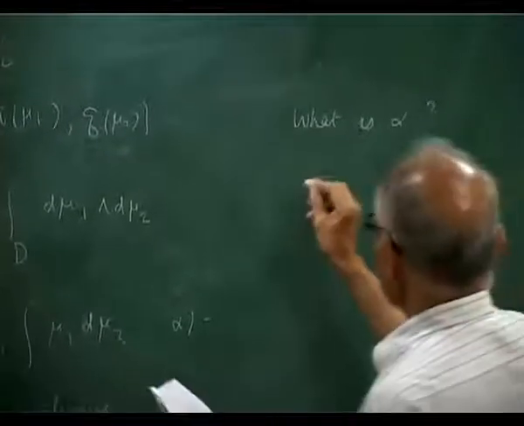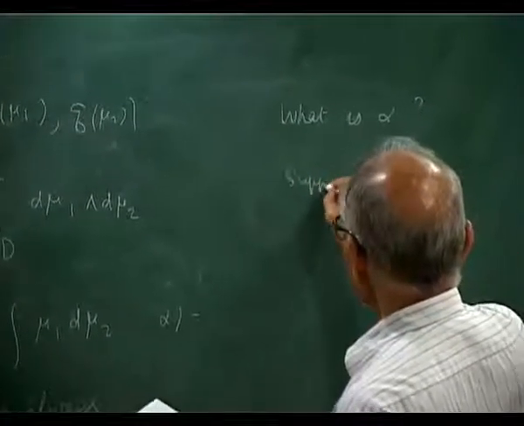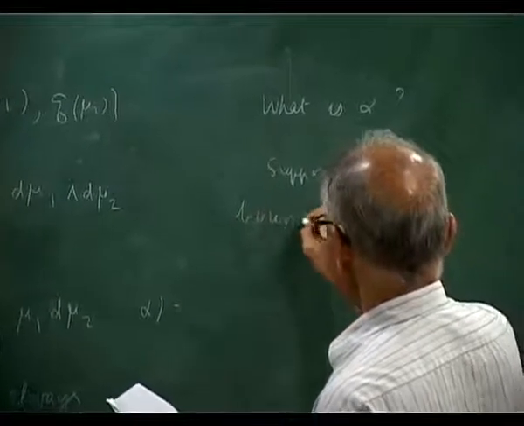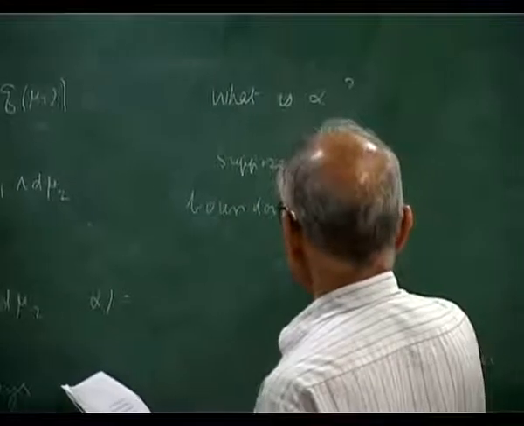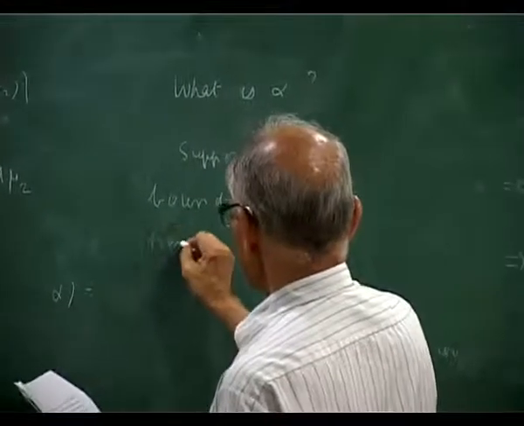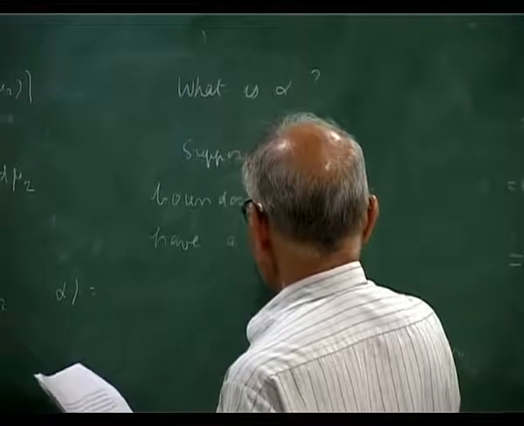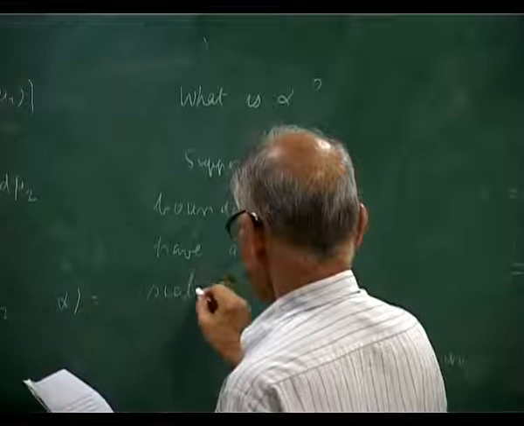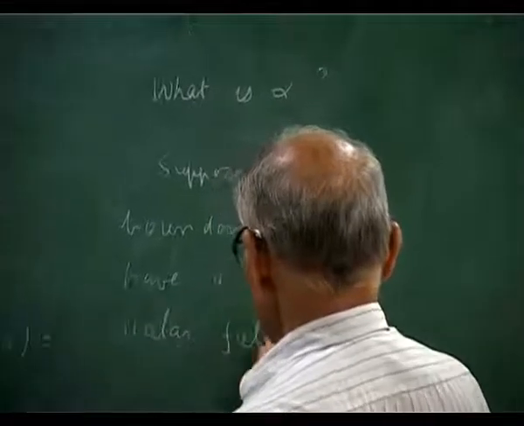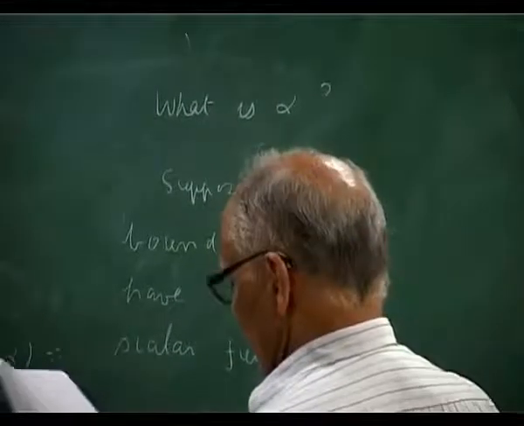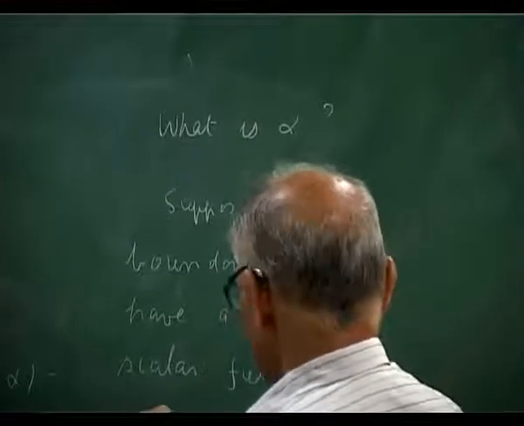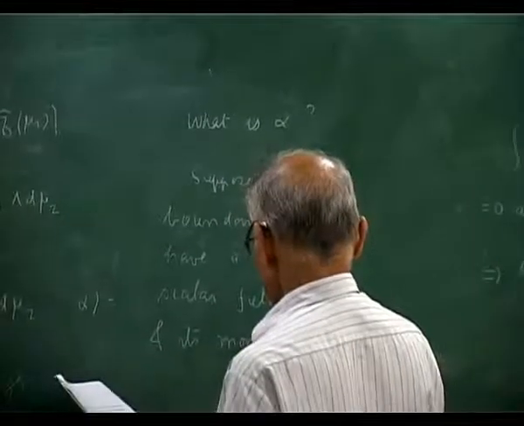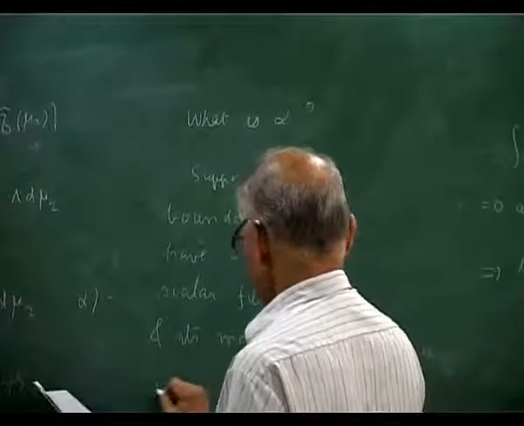Suppose on the boundary we have a massless scalar field phi, and its canonical conjugate momentum phi dot.